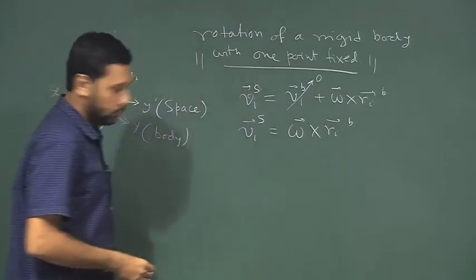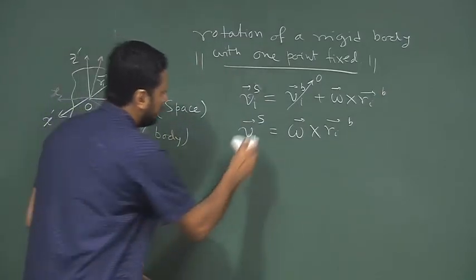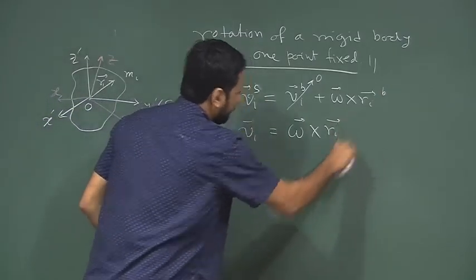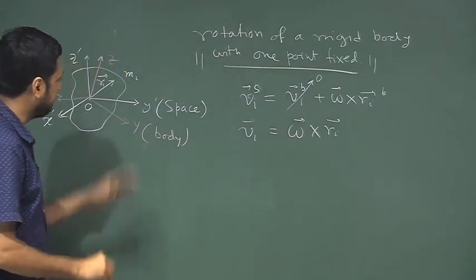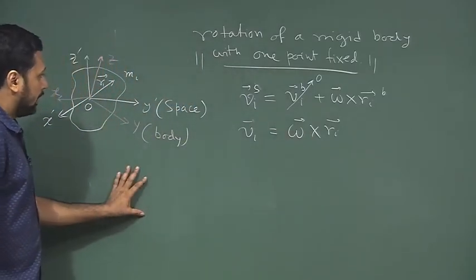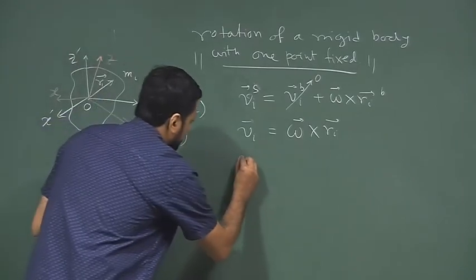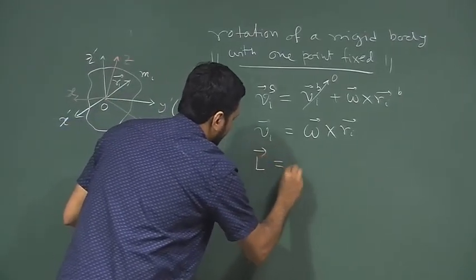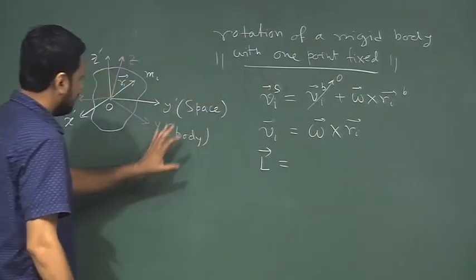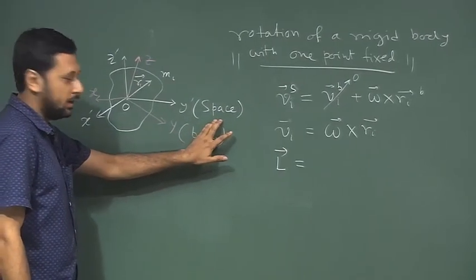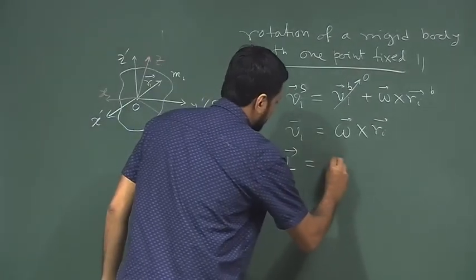Now, what we will do is simply drop these suffixes. Once we understand the scenario, we will simply drop these suffixes, and we will try to write the total angular momentum with respect to the space set of axes.